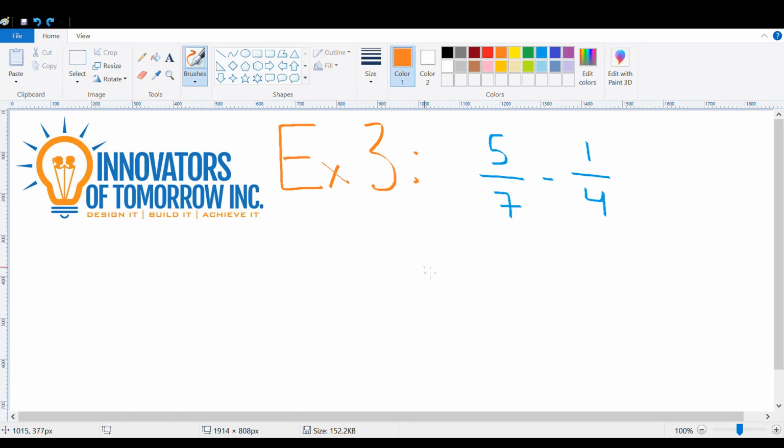The same process can be done with subtracting fractions. The only difference is that we'll be subtracting numerators and not adding them. We first multiply bottom right with top left, which equals 20. Put that as numerator 1. Then we multiply bottom left with top right, which gives us 7.